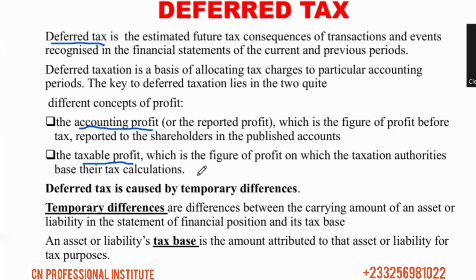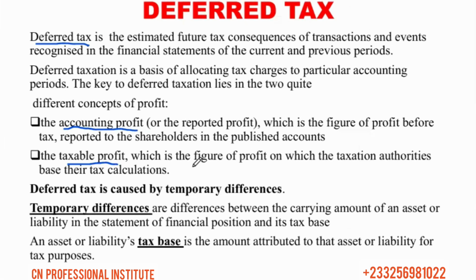So the accounting profit is the profit that the accountants record in their books, right? And then they report it to their shareholders in the published account. The taxable profit is the profit that the tax authorities use to assess your tax liability, right?